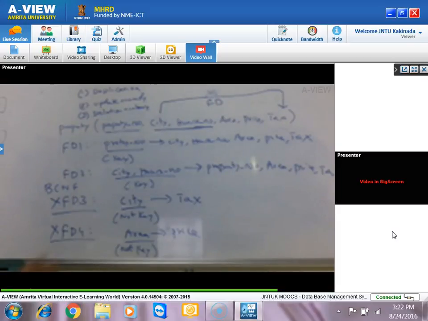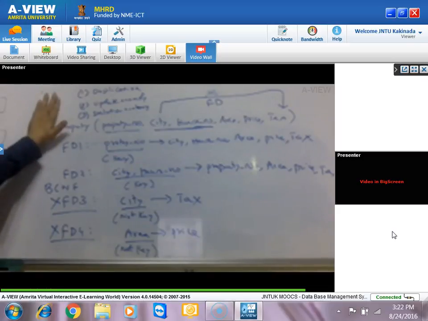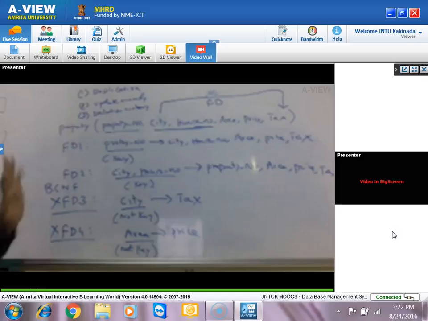That's why this is not in BCNF. Boyce-Codd normal form: if a relation satisfies BCNF and the only kind of dependencies among the attributes are functional dependencies, then all these problems will be avoided, and you will not have any of the duplication, update and deletion anomalies. Right?